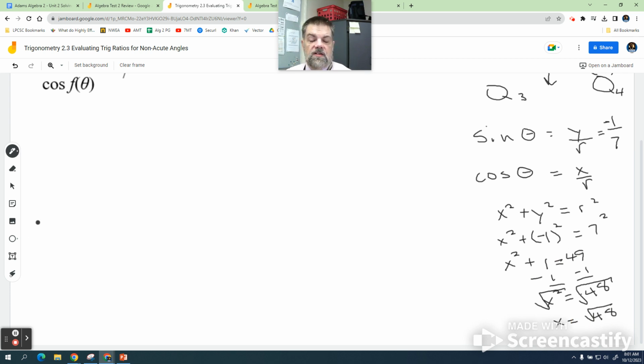Now, this is where we don't feel the most comfortable, simplifying radicals. So before I plug this in, let's simplify this radical. The square root of 48 might be divisible by one of the perfect squares.